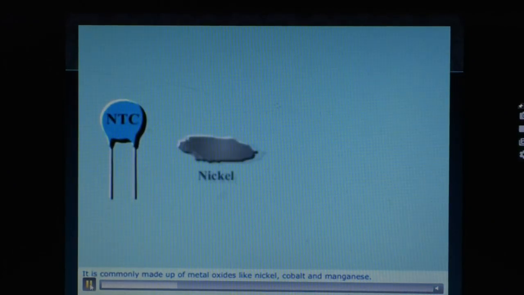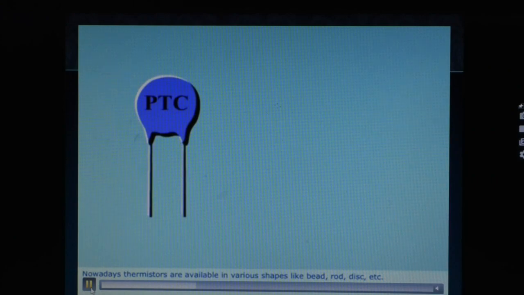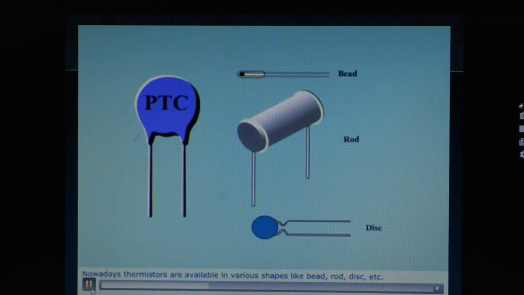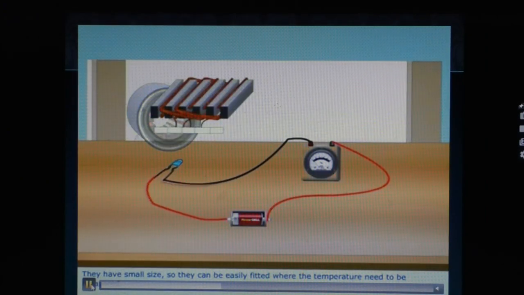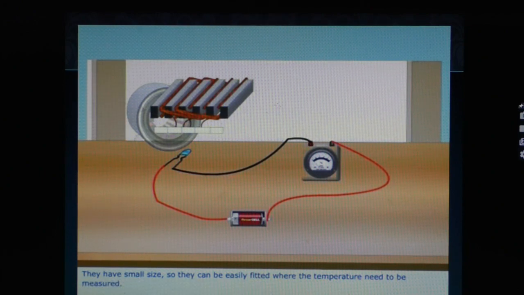NTC is made up of nickel, cobalt, manganese, metallic oxides. These are baked at high temperature. They are available in various shapes like bead, rod, and discs. They have small size, so they can be easily fitted where the temperature needs to be measured.